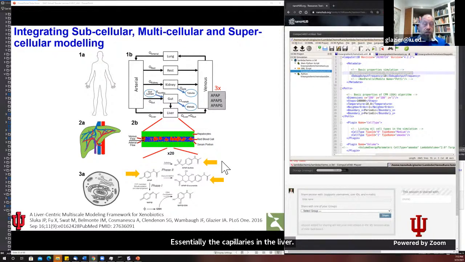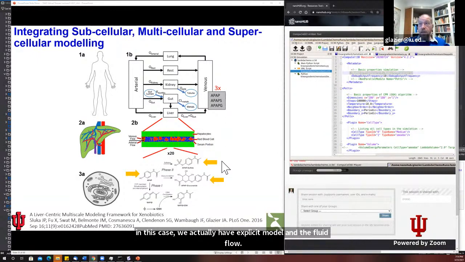The blue and the red in the middle represents blood. In this case, serum in blue and red blood cells in red that are moving down that sinusoid. And they're exchanging oxygen and other chemicals with the cells around them. And in this case, we actually have an explicit model of the fluid flow, the kinds of things that Jeffrey's doing in more detail now.